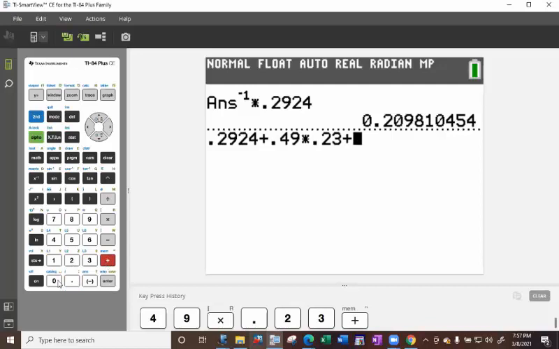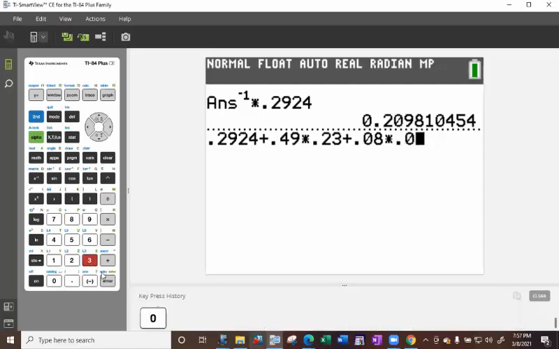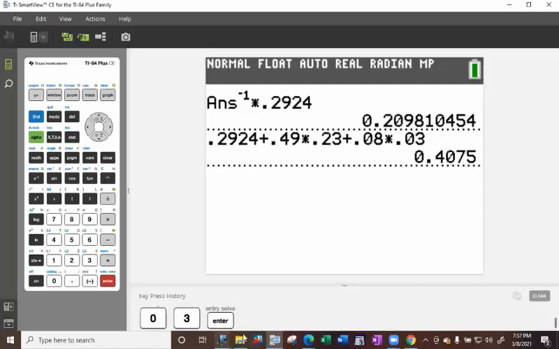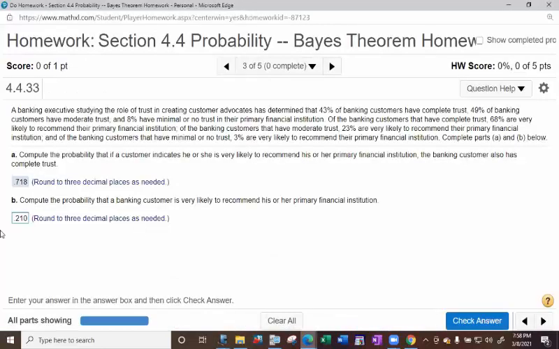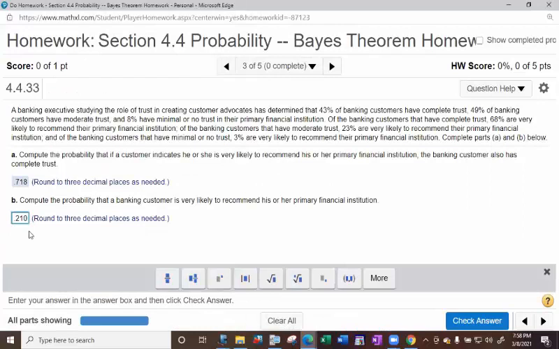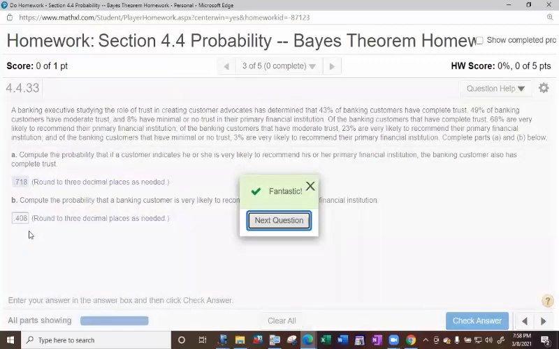And then 0.08, 0.3. All right, let's try 408. Okay, some of the little tricky stuff there was no good.